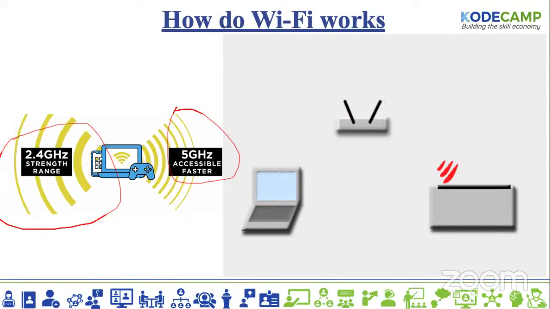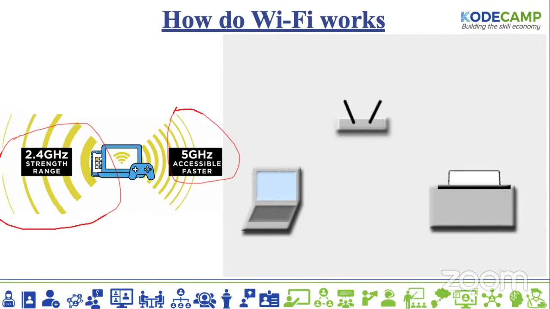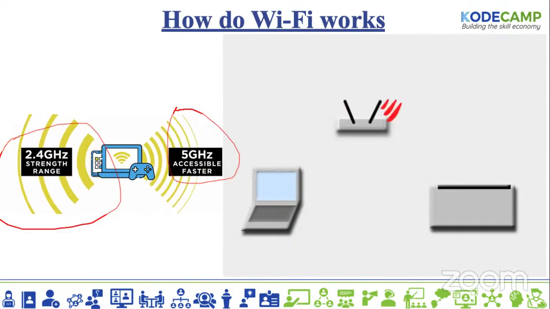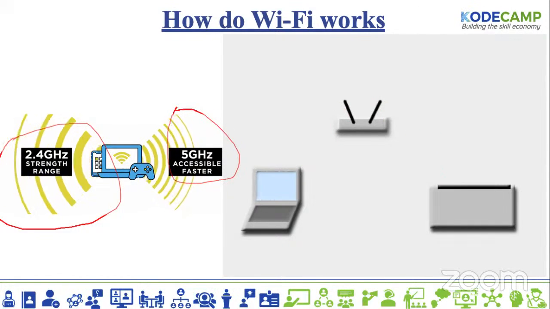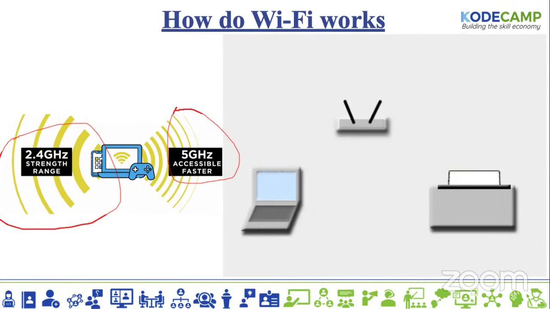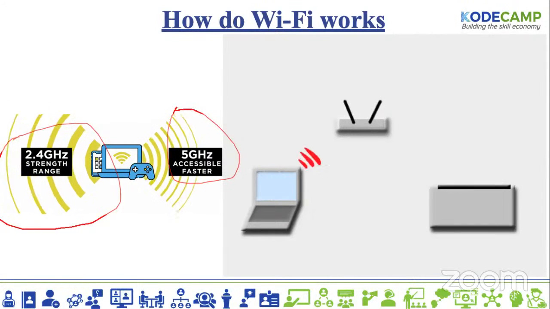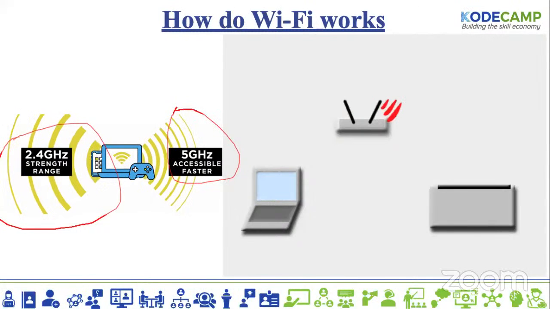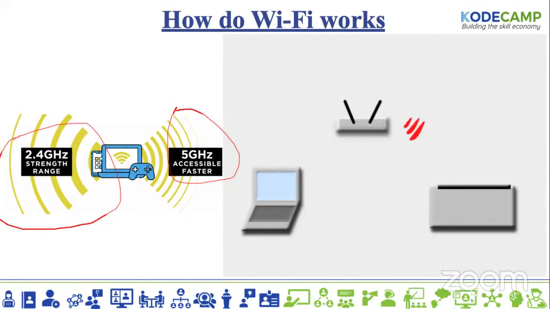When you talk about 54 megabits per second, it means that particular router has the ability to transmit binary data, like 54 million ones and zeros going into your computer and going out in a single second.